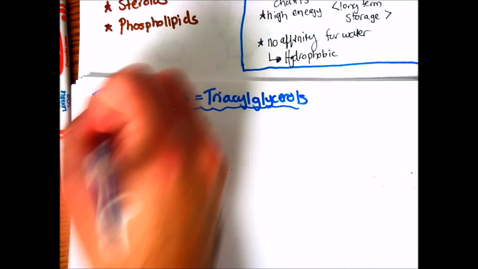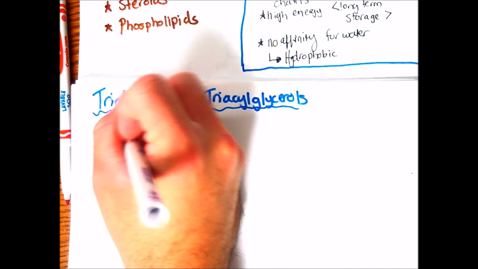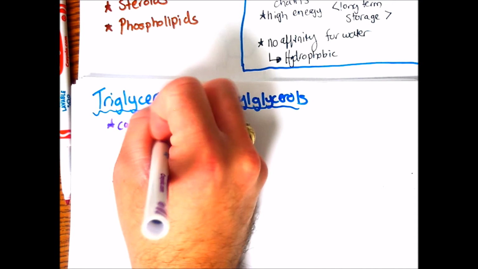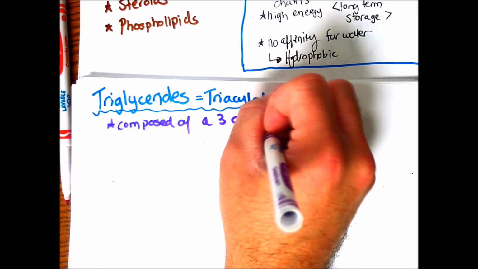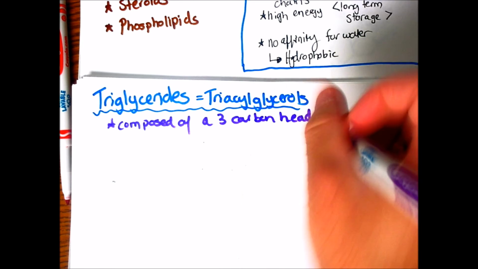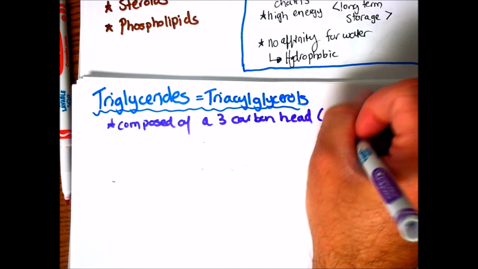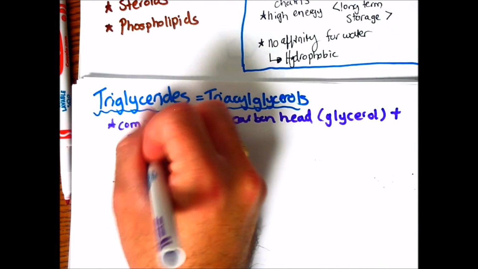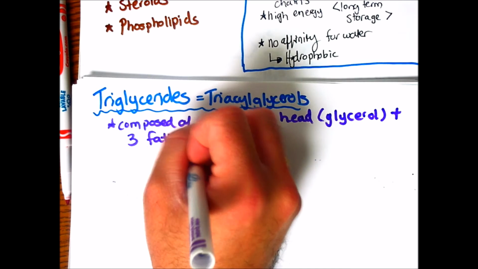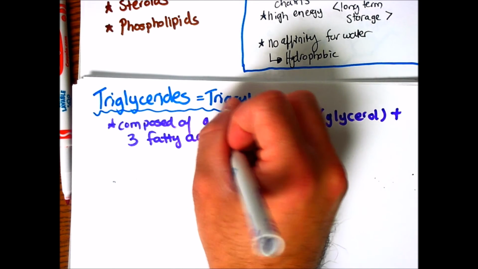Regardless of what word you choose to use, every triglyceride is composed of a 3-carbon head. That's referred to as the glycerol component. And then also 3 fatty acid tails, which are the long carbon chain component.